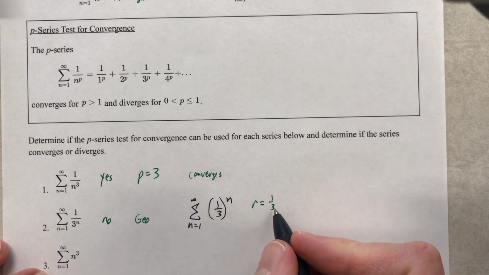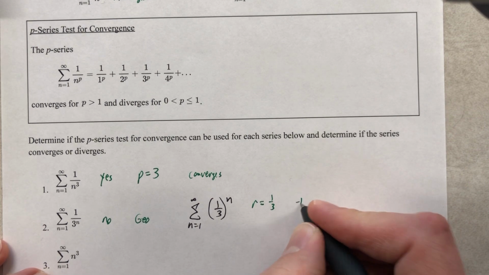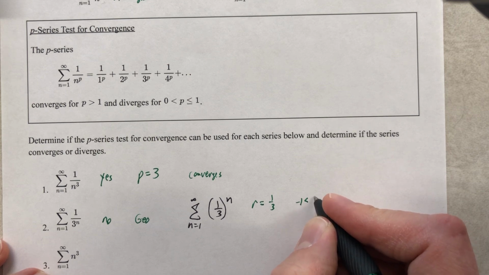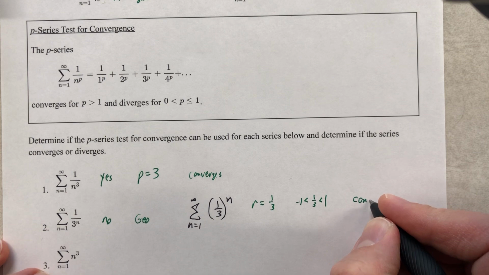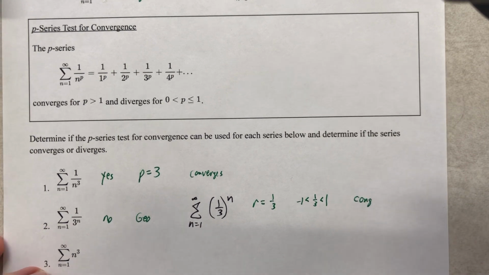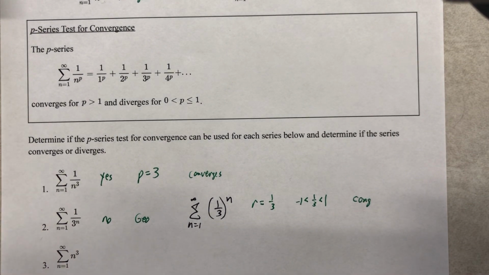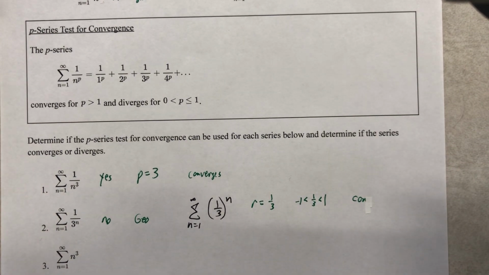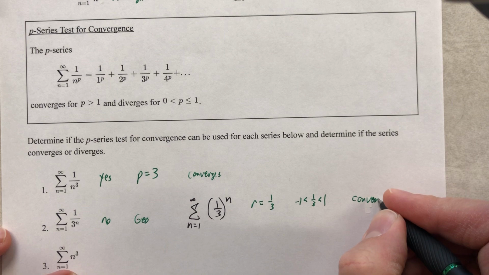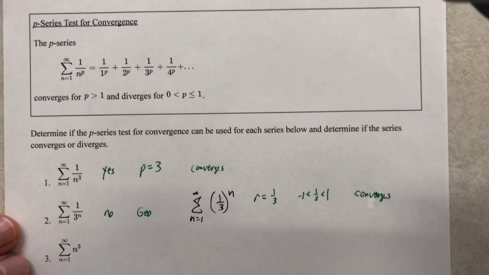And because 1/3 is between -1 and 1, we have a series that converges, which is not spelled C-O-N-G. I could switch the G and the V. There we go. All right.